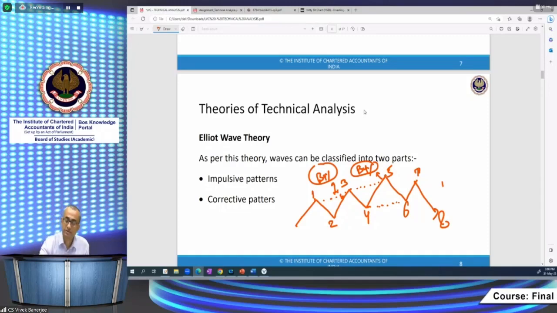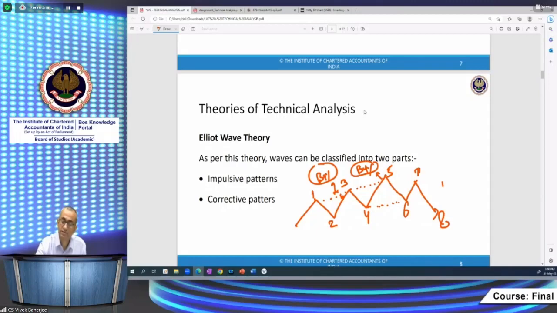Impulsive patterns means this is increasing 1, 2, and 3. So when it breaches the previous level, at this point the technical analysts want to buy because it is showing a bullish trend. Then again it comes down, but 4 is not below this 2. Then again it goes up.